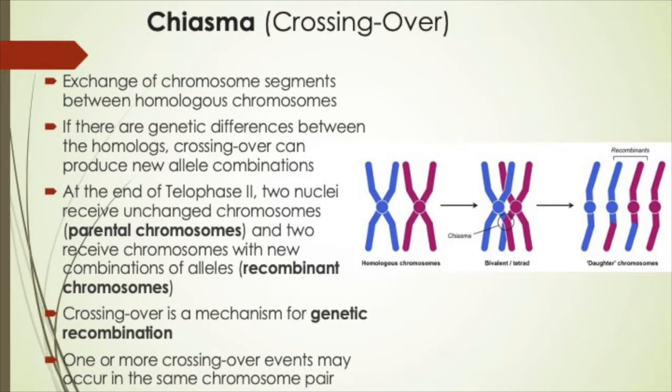So let's talk a little bit more about this chiasma, or this crossing over event. So we know that it's an exchange of chromosome segments. If there are genetic differences between these homologs, if there are some type of allele differences between these homologous chromosomes, you can produce new allele combinations.